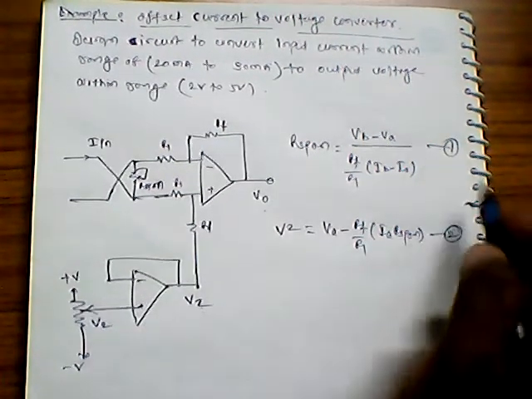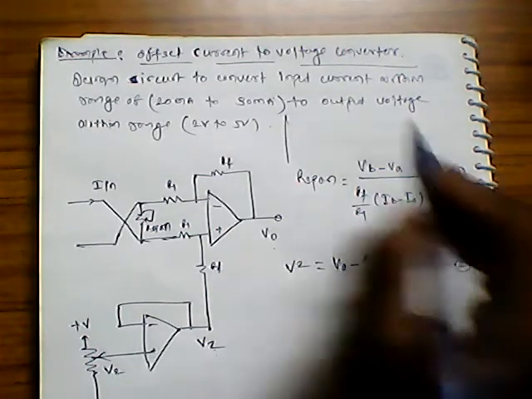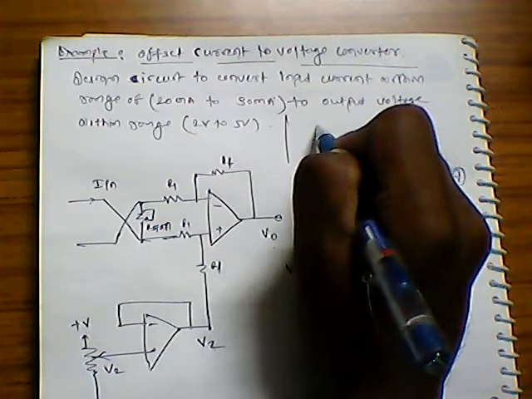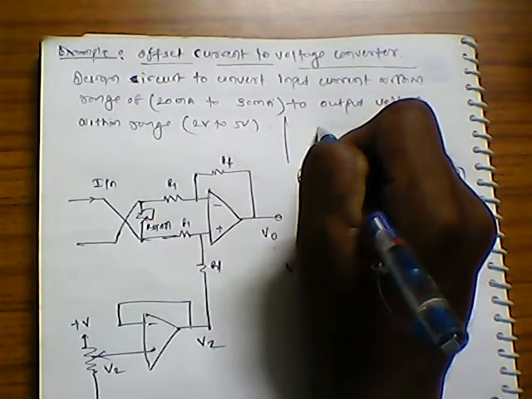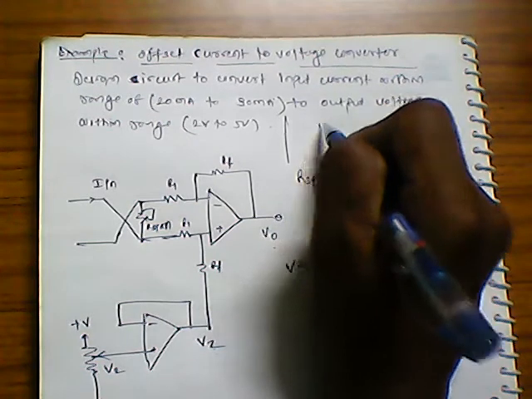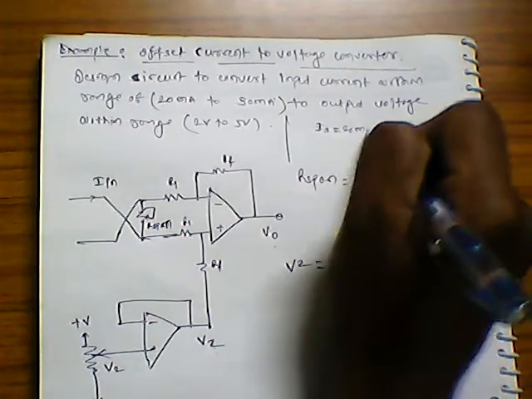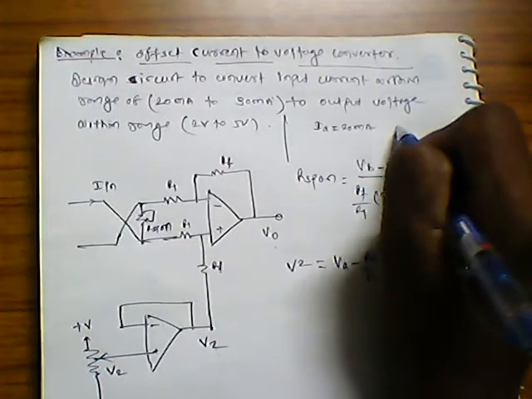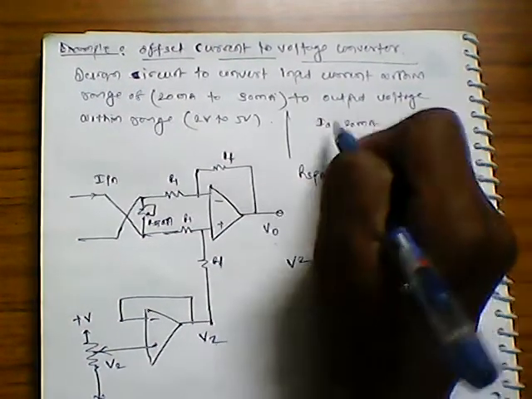We have to understand what is the input given. Let us say the input current is Ia first, that is 20 milliamps. Corresponding output expected is Va, that is 2 volt.